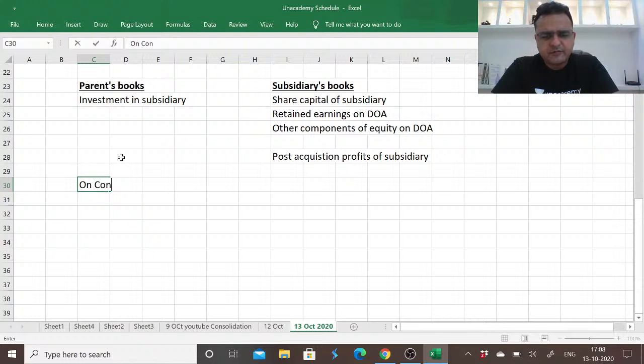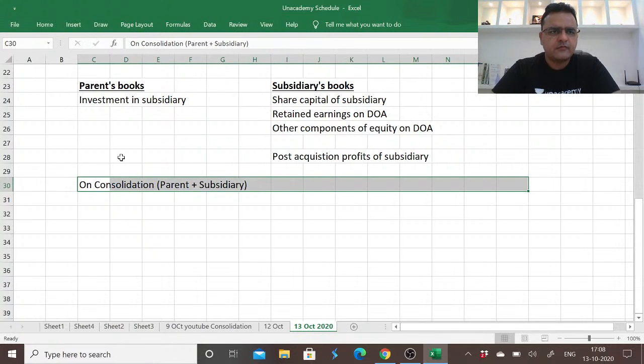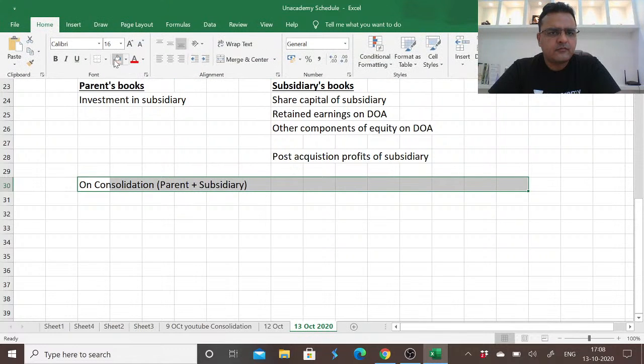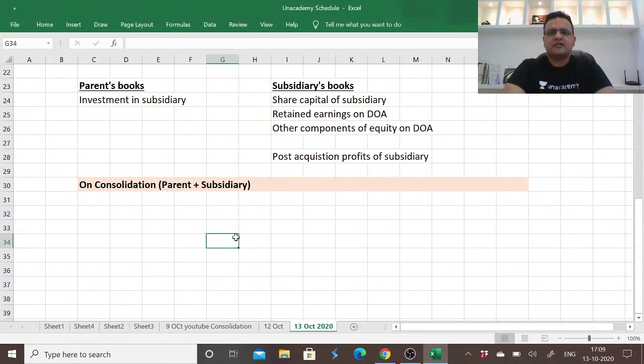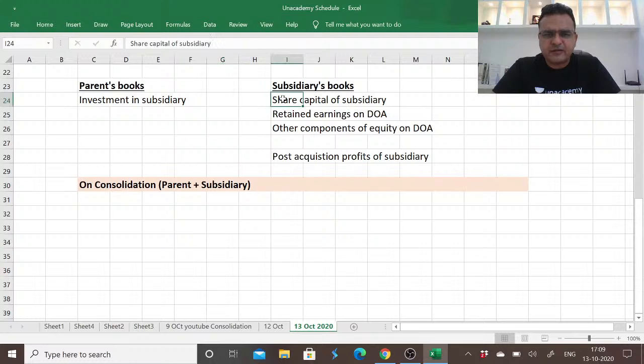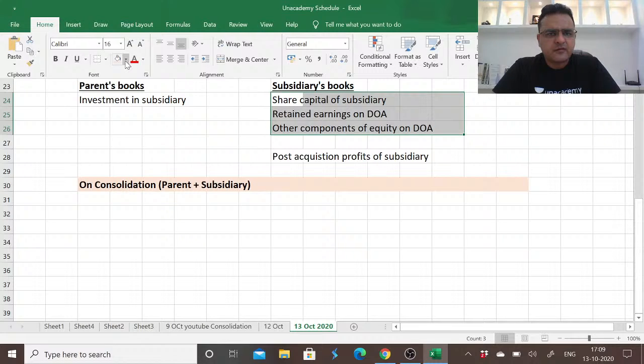So on consolidation, parent plus subsidiary, the investment in subsidiary over and above the net assets acquired, this gets cancelled with the investment in subsidiary.